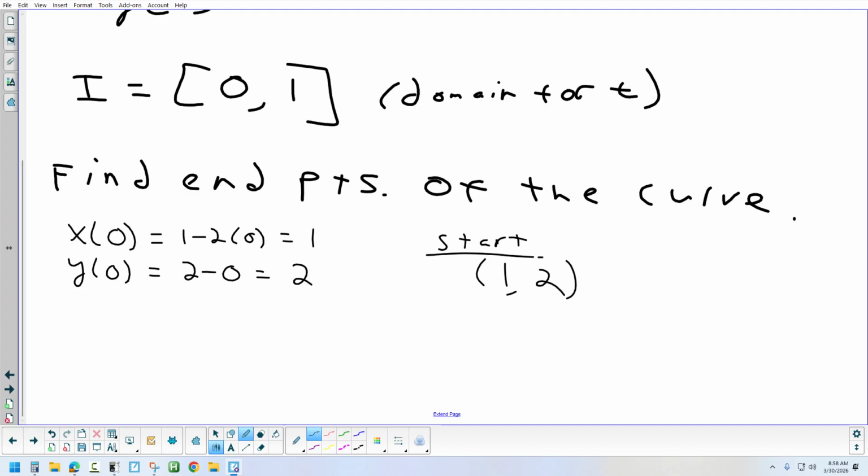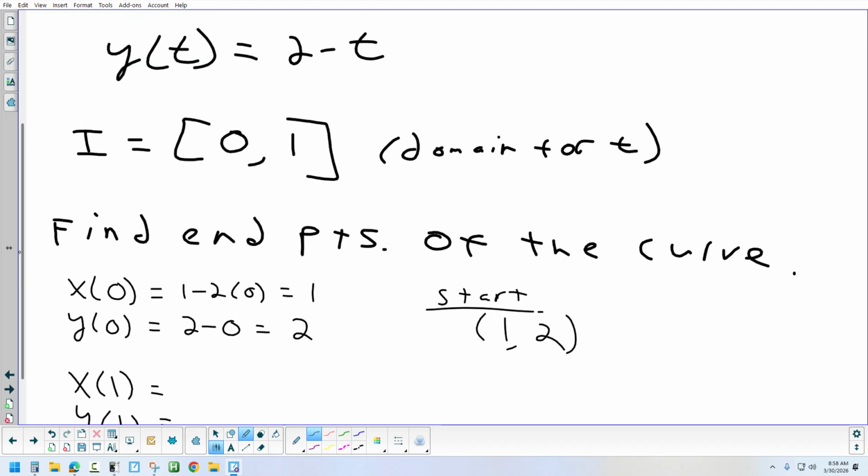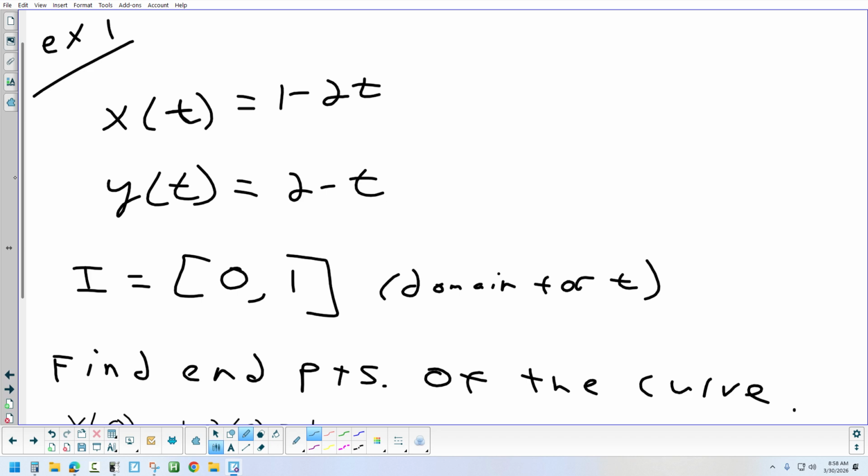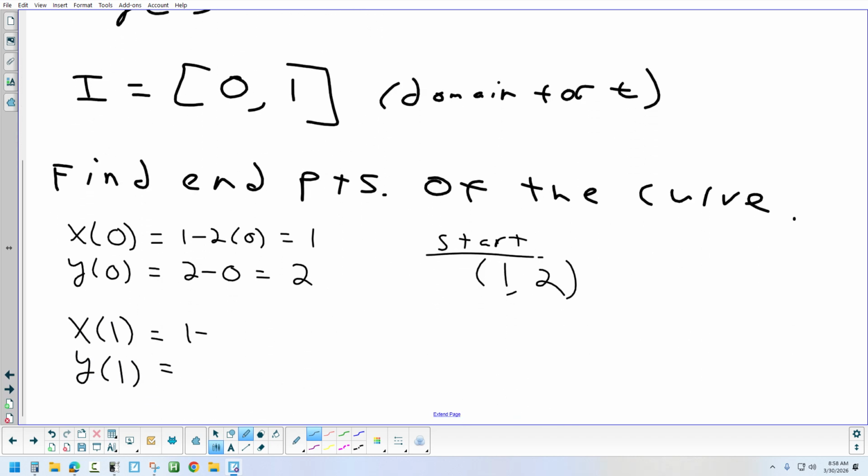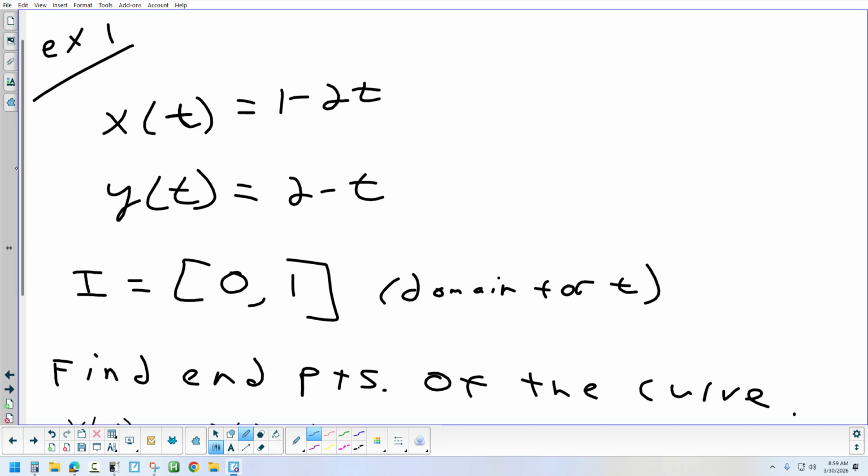All right, so you said we're going to plug in the 1, and what formula do we plug it into? Yep, the x and the y. So we're plugging the lowest value of our interval and the highest value of our interval into both the x and the y. So the top one, we've got 1 minus 2 times 1. We're filling in 1 for t.